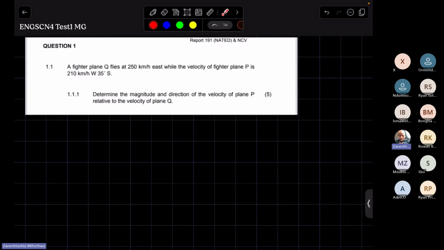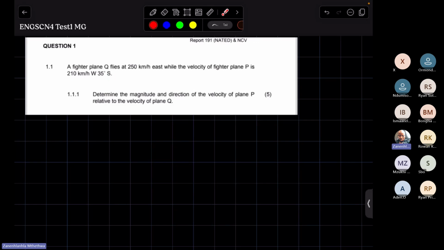Now, what does it mean as far as how we are going to represent the two vectors on the Cartesian plane, right? Remember that the vector of the object you draw on the Cartesian plane exactly as it has been given in the statement. So P, P being our object, right? From the statement, they said plane P is 210 kilometers per hour west, 35 degrees south, right?